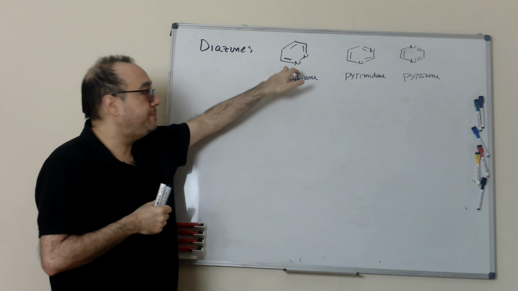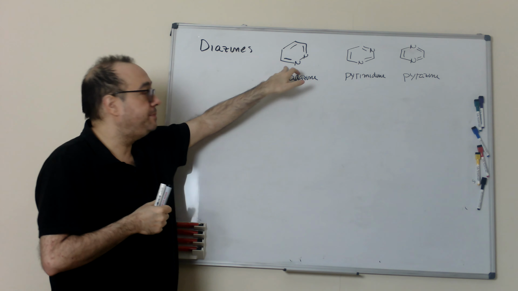How can we synthesize pyrimidines? If we check a pyrimidine, I will put some substituents. The first thing that we can see is that this is an enamine.